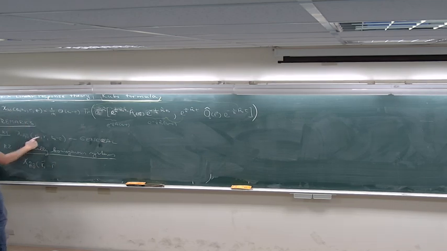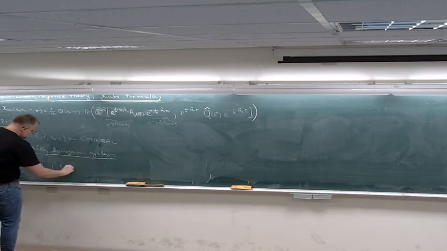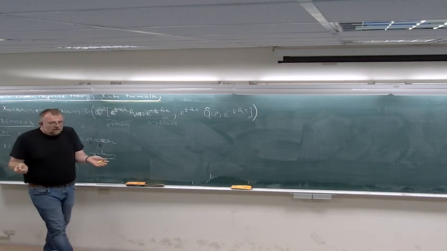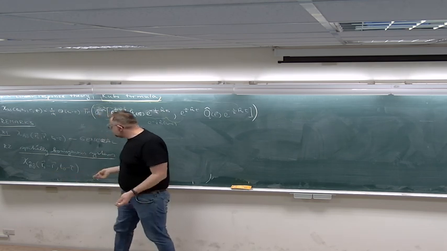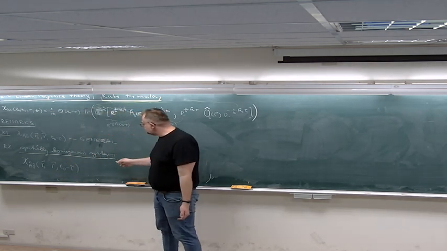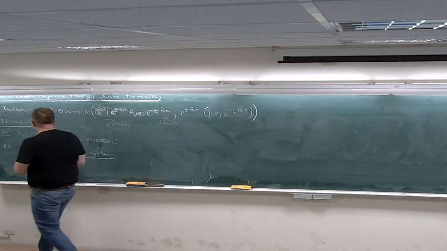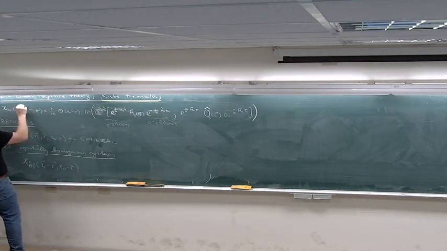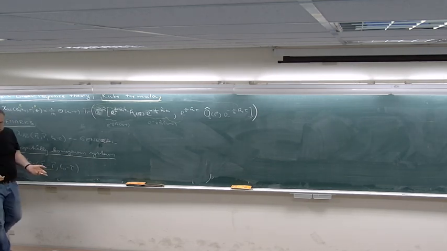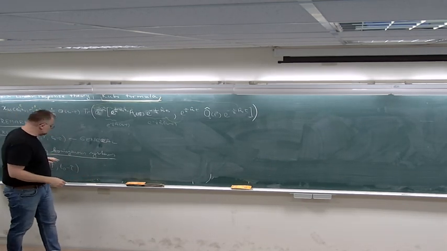So it does not depend on two position vectors, but just on the difference. This is because if you have a homogeneous system and you add some lattice vector L, then the value should be the same. If it's homogeneous, it shouldn't change. So this means it's a function of the difference. But this is only for the homogeneous system.